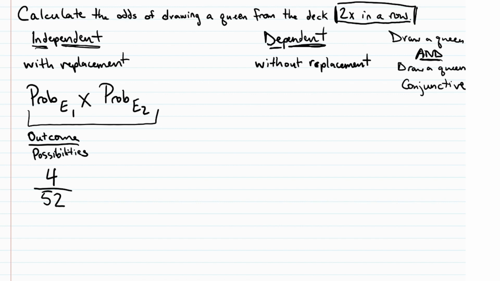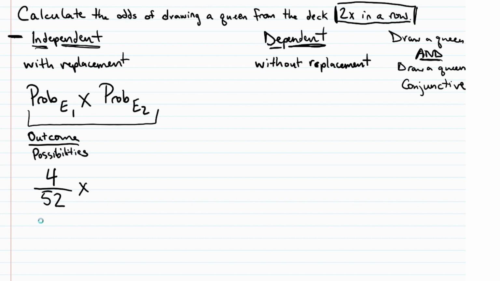And so now we ask ourselves about event 2. Event 2 is a little bit harder, right? Event 2 is the one that could potentially be affected by event 1. But we are talking about the independent form of this calculation right now. So we're talking about drawing a queen twice in a row where you have replacement, where the two events are independent.